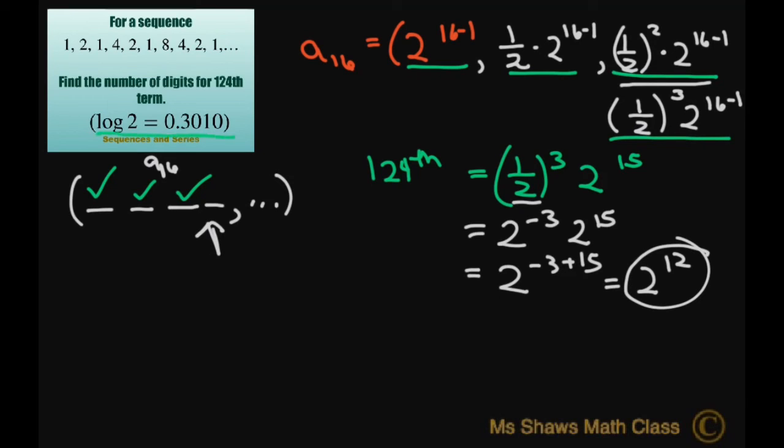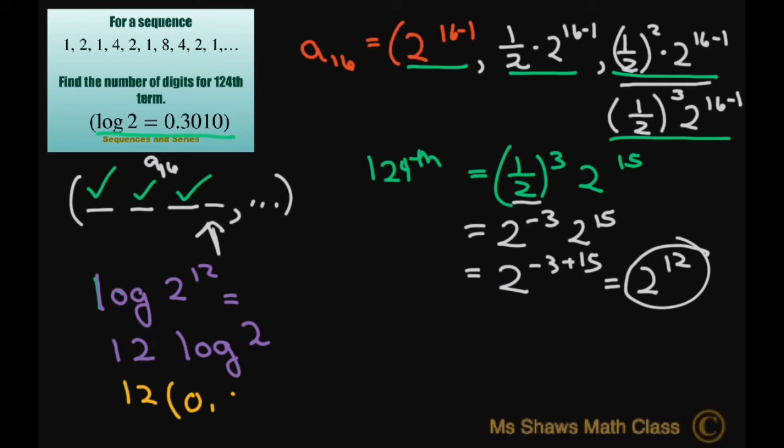This part right here is given because if you take the log of 2 to the power of 12, that would give you 12 times log of 2. And then they gave you this log of 2, so this would be equal to 12 times 0.3010, which equals 3.612.